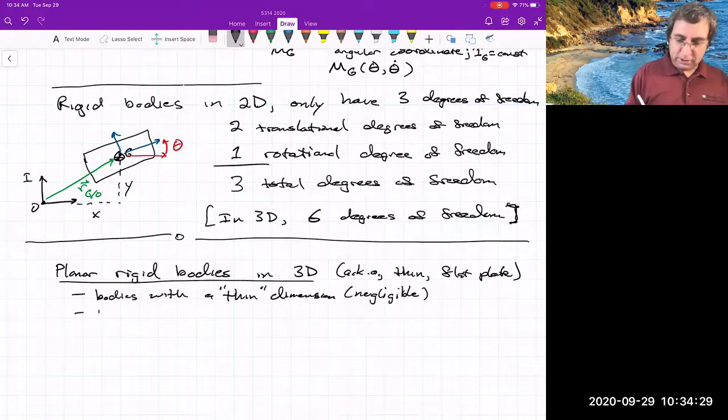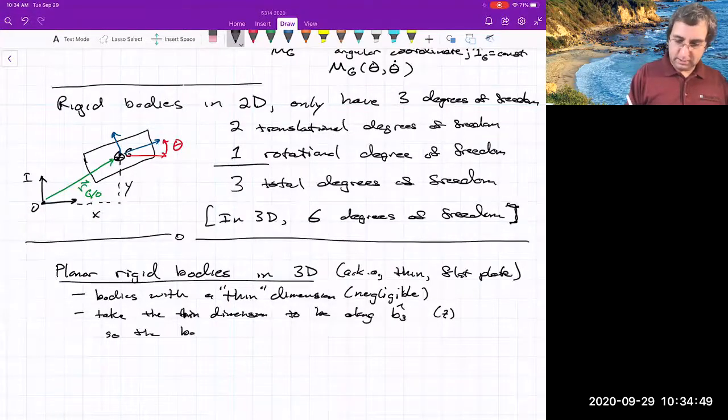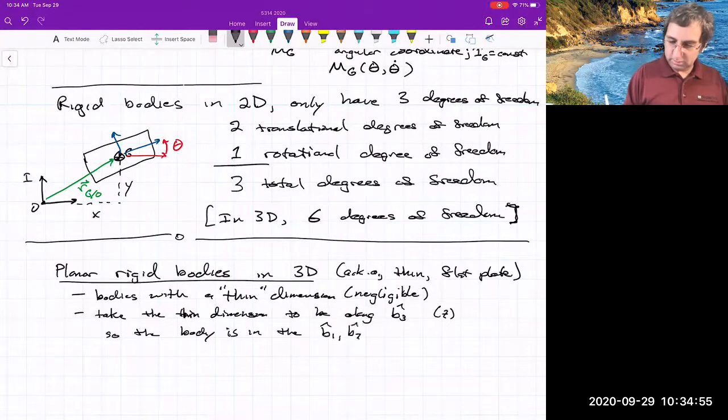Just for clarity, we take the thin dimension to be along B3, the Z coordinate. That means that the body is in the B1, B2 plane, so X and Y.